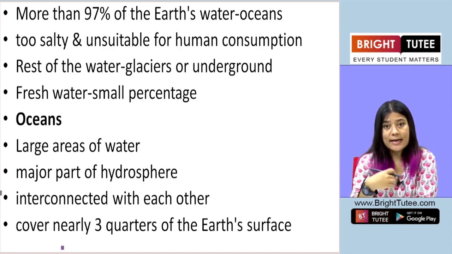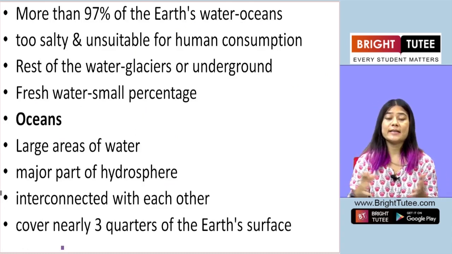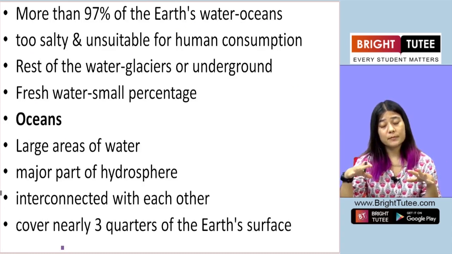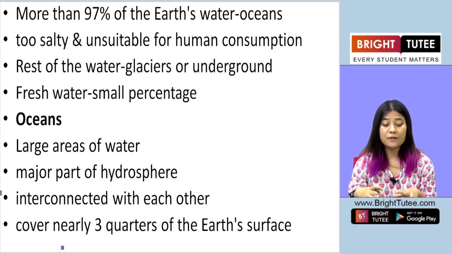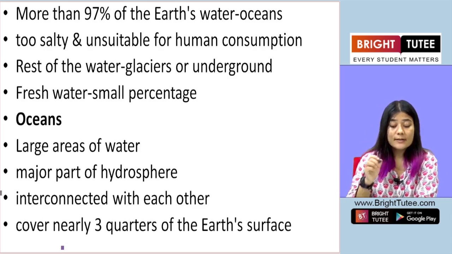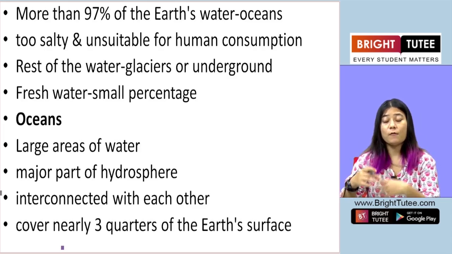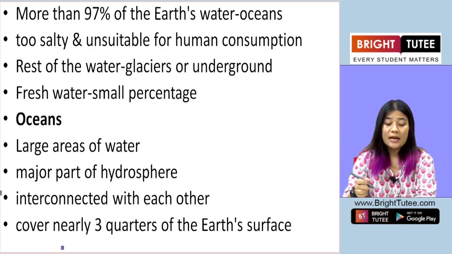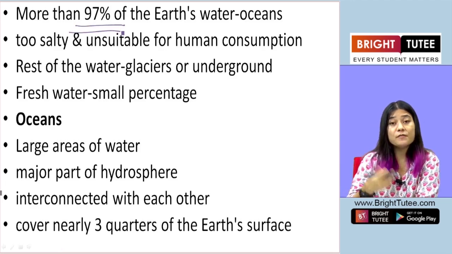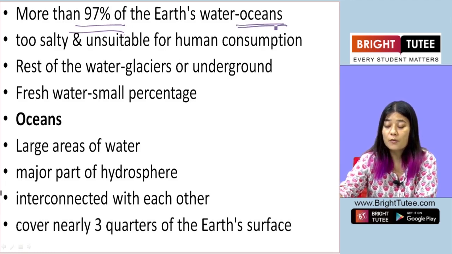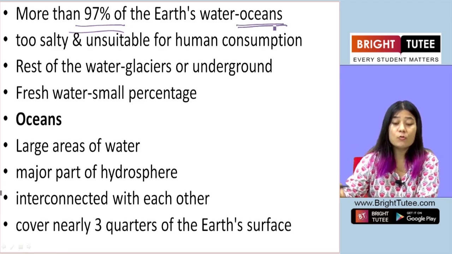Like I said, the majority of the Earth's surface is covered with water. Now 97% of all the water available on Earth is water which we can find in the ocean.